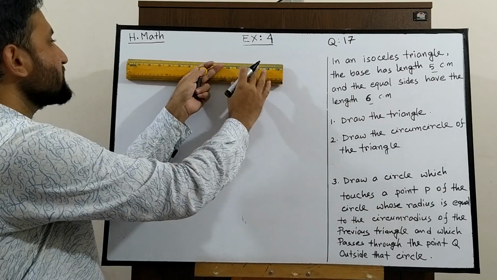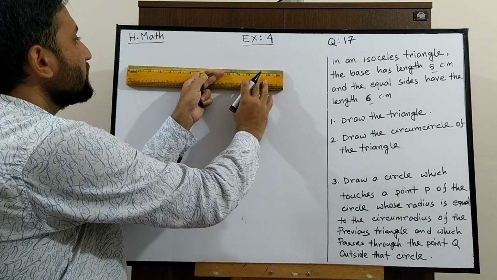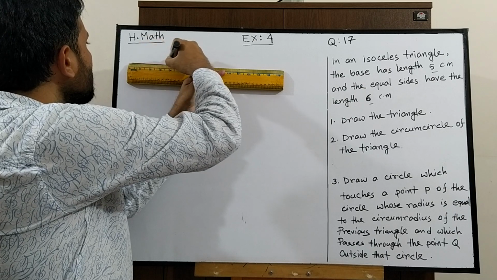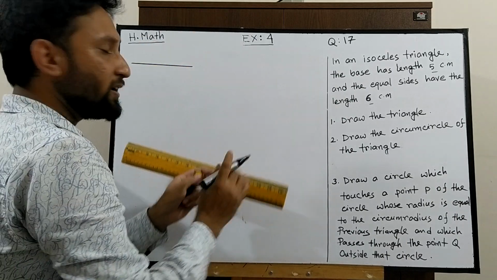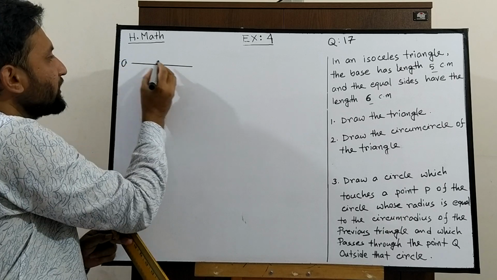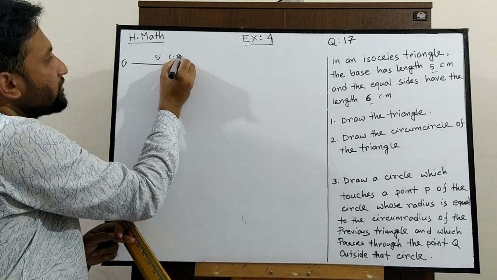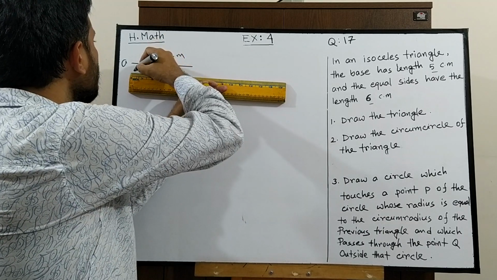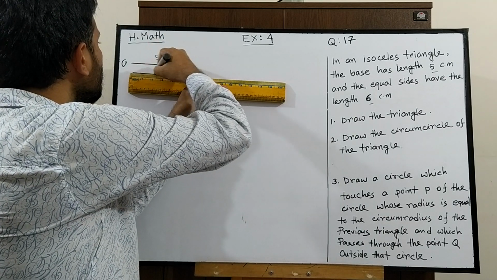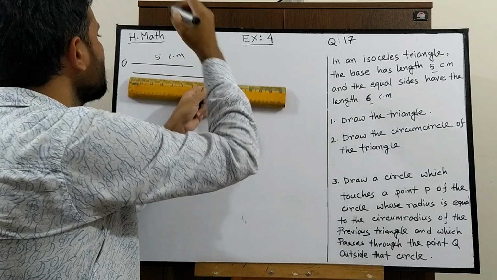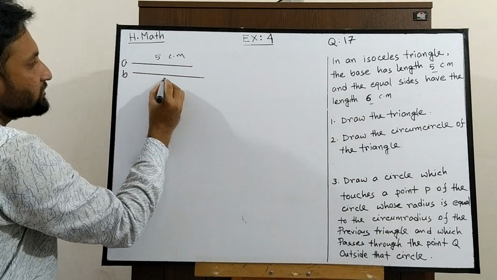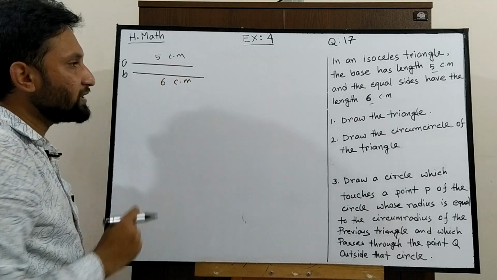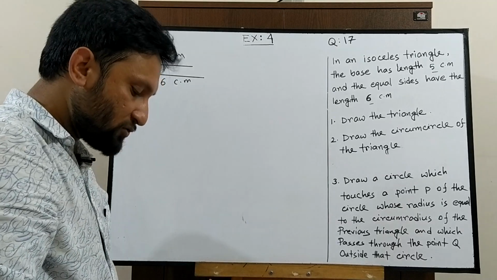Suppose this is 5 cm, and another one is 6 cm. Imagine this is B and this measurement is 6 cm.